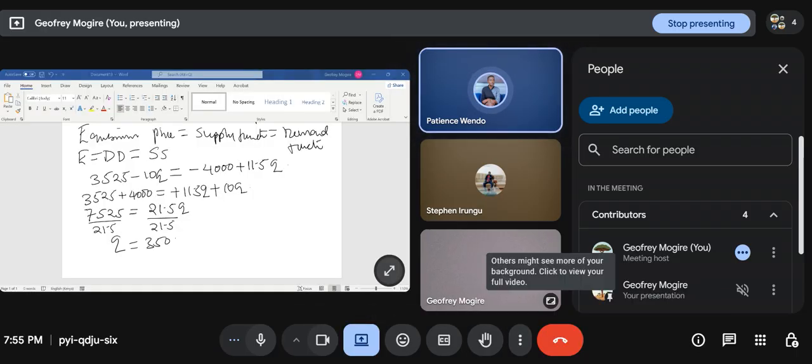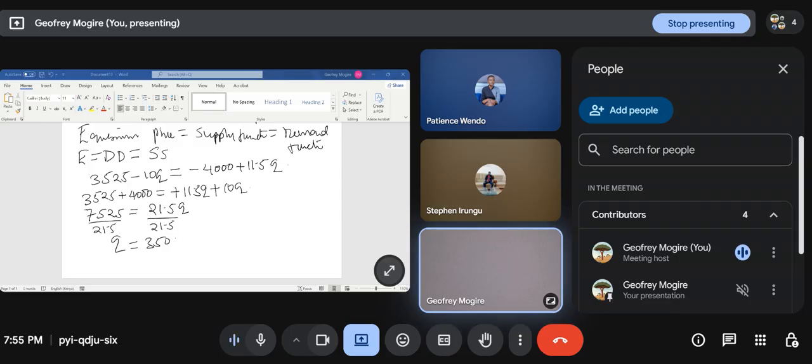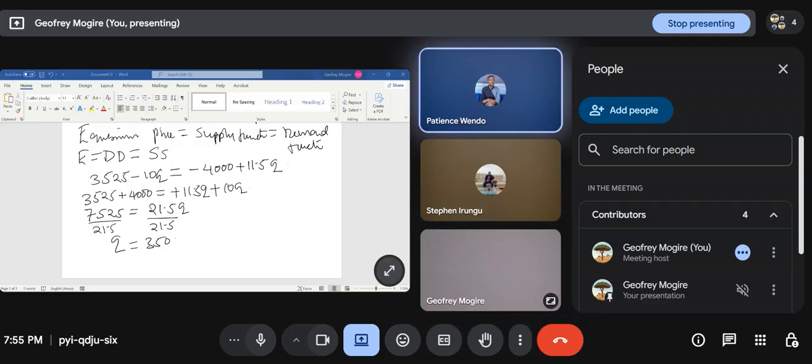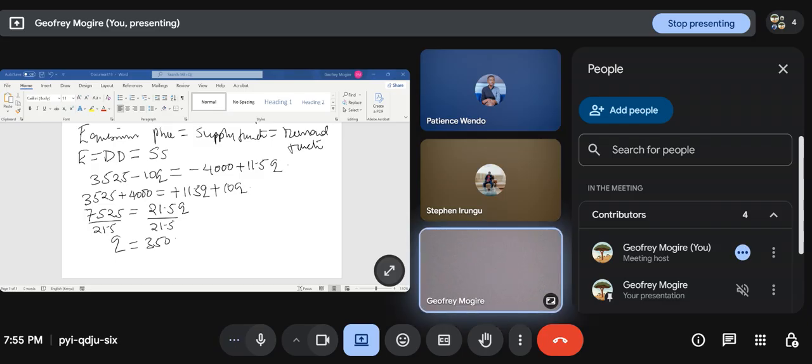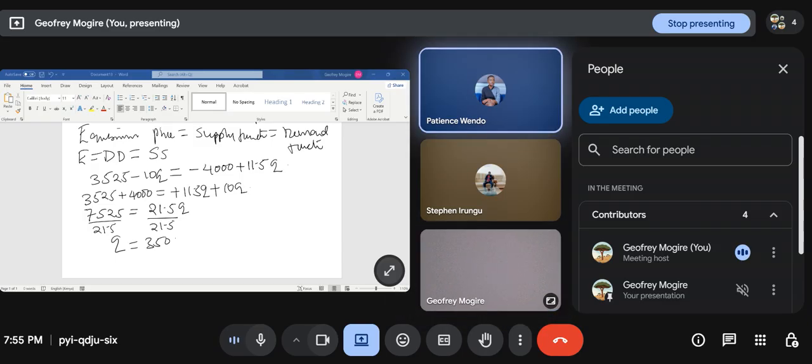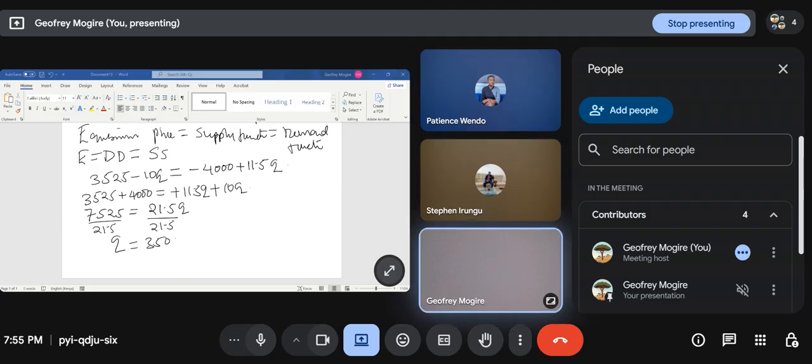Before you continue, I am a bit lost. So these two equations are in the same question. Yeah, same to me actually. I thought they were different questions. No, they are the same. We can only determine the equilibrium price when we have the supply function and the demand function. I made an error when I said determine the equilibrium price and quantity. You can't determine equilibrium price and quantity by using one function.